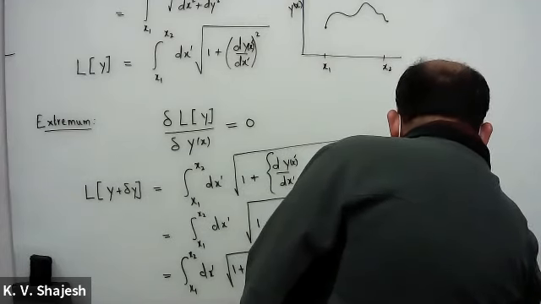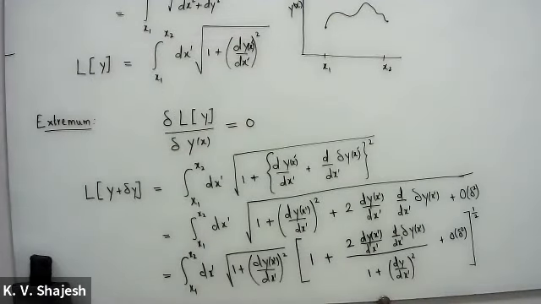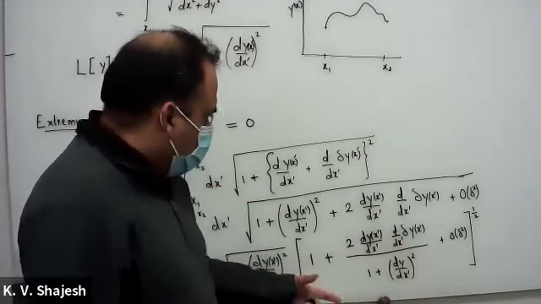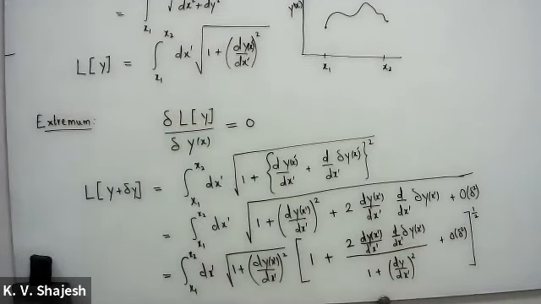This whole thing raised to 1 by 2. Doing this slowly, but pretty much we want to do binomial expansion. We want the leading order in delta y.